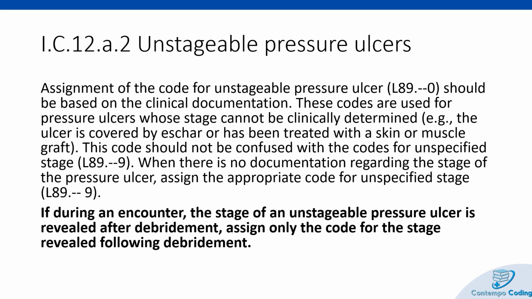Sometimes when a provider is doing a debridement on an ulcer, because there's so much dead tissue and slough that they have to scrape off, they can't tell at that point what the stage of the ulcer might be because it's obscured. But then they do a debridement and go, oh, this is really a stage 4 pressure ulcer. We code at that point for the stage 4 pressure ulcer because that was the stage revealed after the debridement. But again, that has to be driven by the documentation.